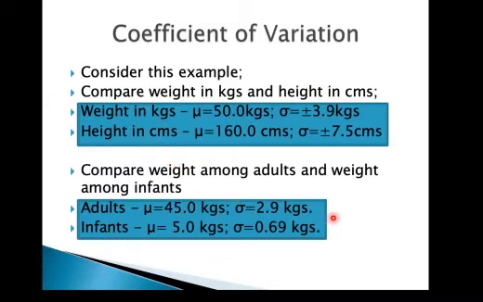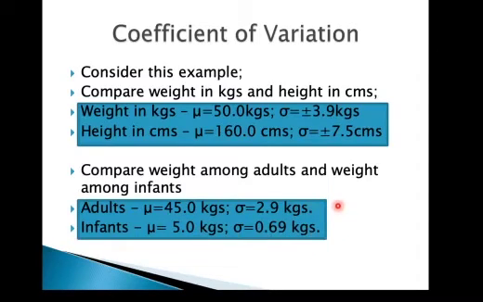But even if we have the same units, for example, you want to compare the variability of weight among adults and weight among infants. Adults' mean weight is 45, the standard deviation is 2.9. Infants' mean weight is 5, the standard deviation is 0.69.